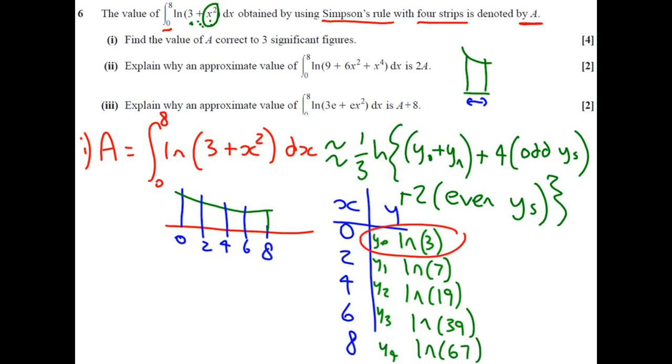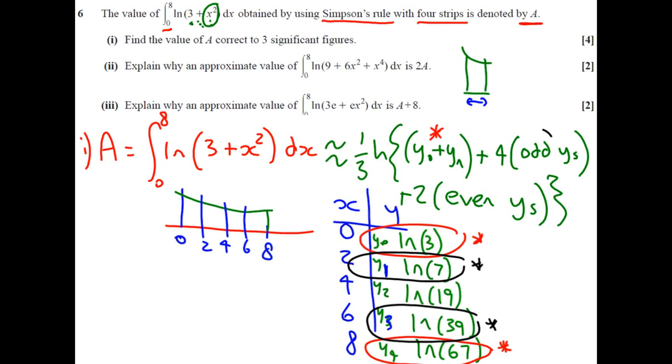First value and last value are going to go here in your formula. I'm just going to color code. The odd-wise, what I mean by that is you look at these index numbers, so it's going to be ln 7, ln 39. It's going to go in here, added up, remember.